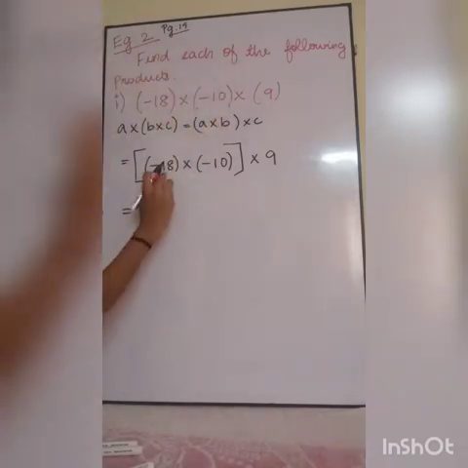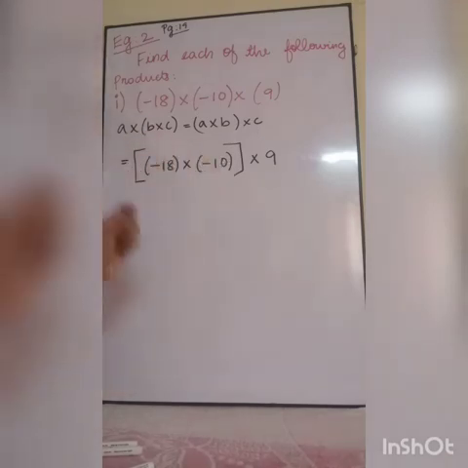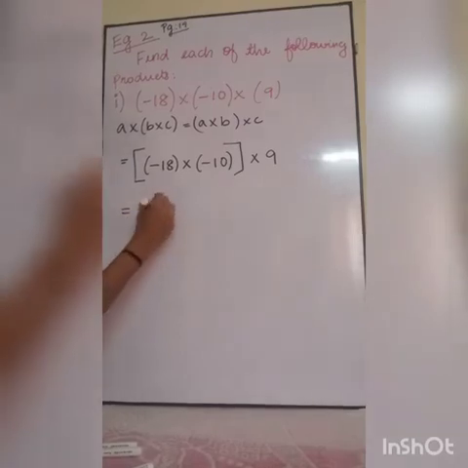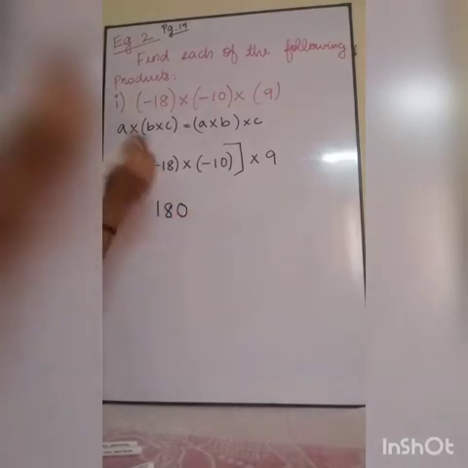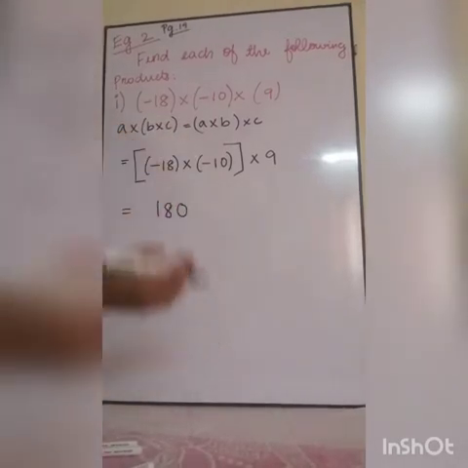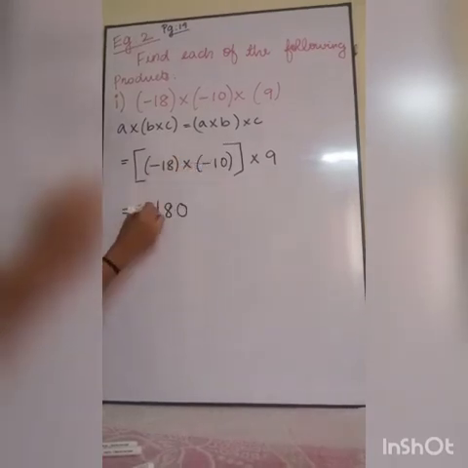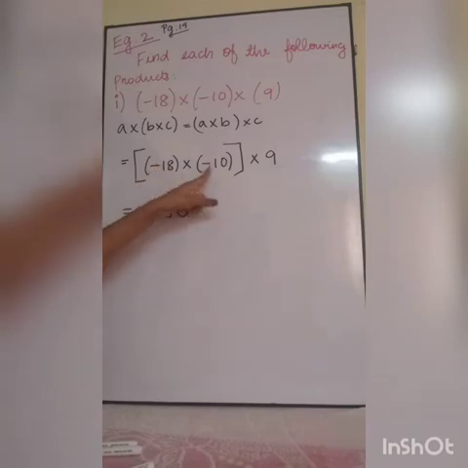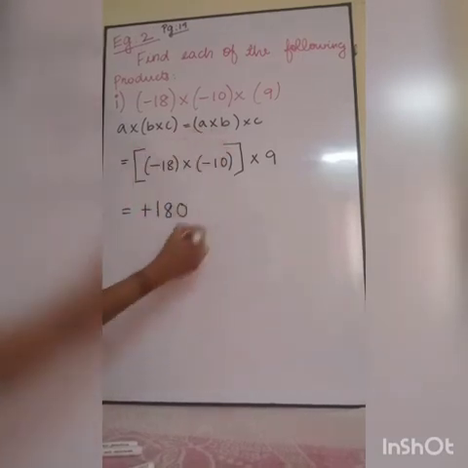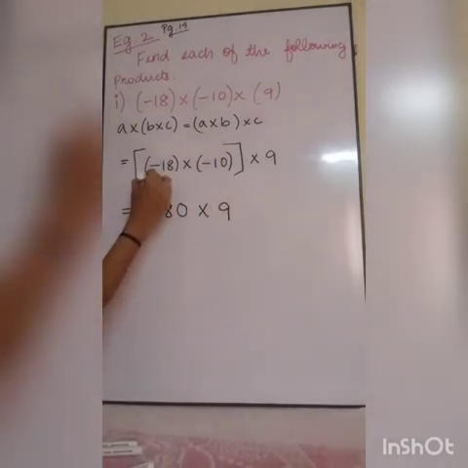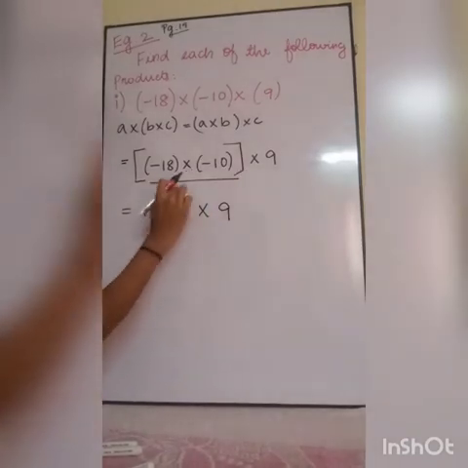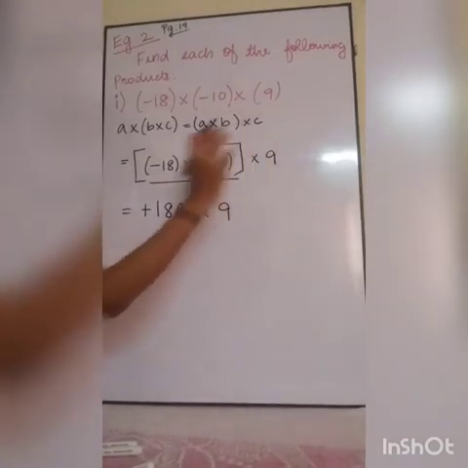18 into 10: in multiplication, first you multiply the numbers. 18 into 10 is 180. Next you multiply the symbols: minus into minus is plus. Then into 9. After multiplying these two, with that answer I multiply the third one.